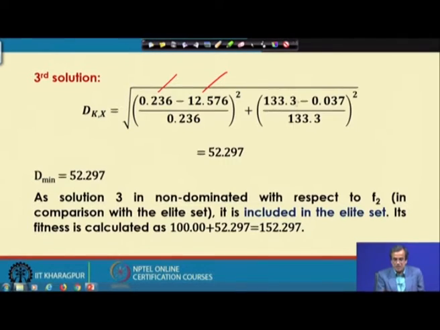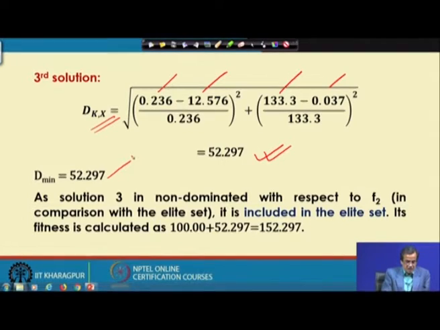Next, 130.3 is the value of f 2 corresponding to the non-dominated solution, then 0.037 is the value of f 2 with respect to the third solution, and I can find out the Euclidean distance values.